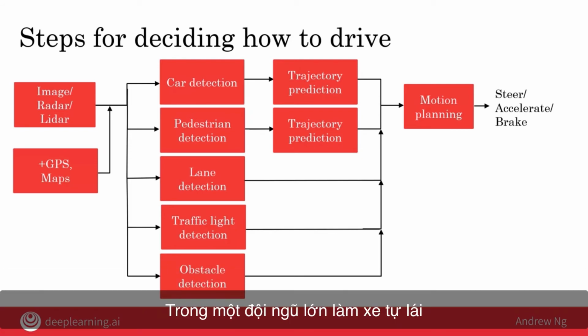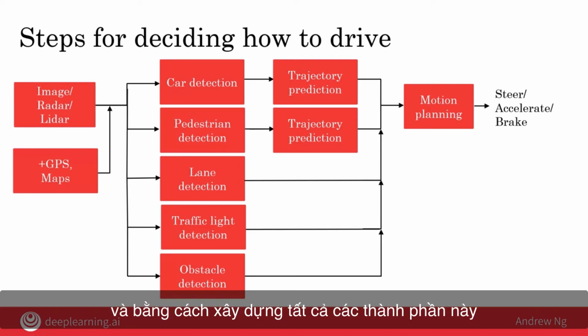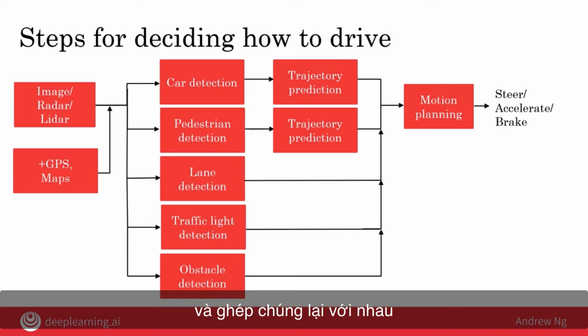On a large self-driving car team, it would not be that unexpected to have a team or maybe a few people working on each of the boxes shown here in red, and it is by building all of these components and putting them together that you can build a self-driving car.